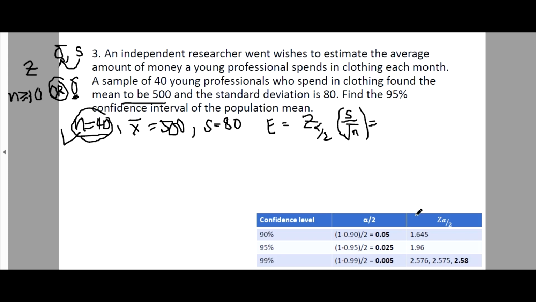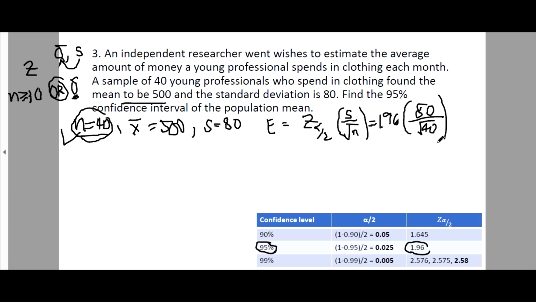Okay, so the z alpha over 2, 95%. So we have here 95%. So we have 1.96. So 1.96. And then the S, or the sample standard deviation, is given by 80. And then divided by square root of 40.